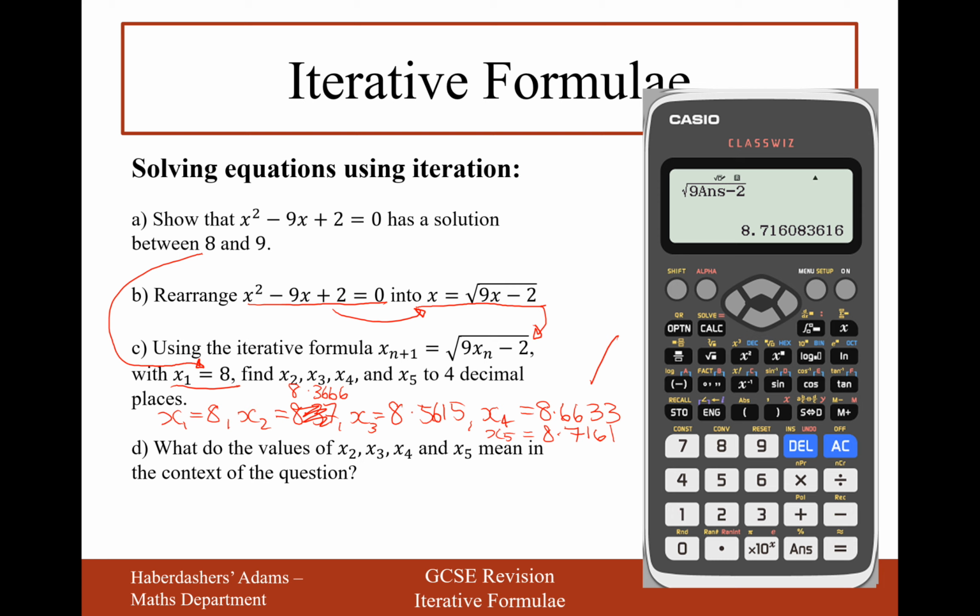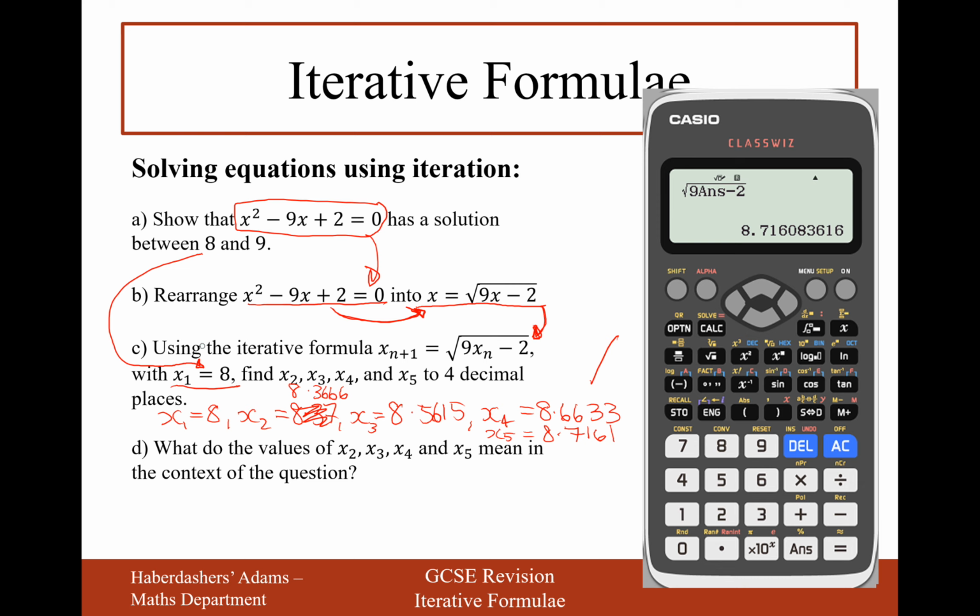But part D is the more interesting one. What do the values x2, x3, x4, x5 mean in the context of the question? Well, let's think about what we've done. We started with this equation up here, and we know it has a solution between 8 and 9. We took that equation and rearranged it into this equation here, which became the iterative formula.